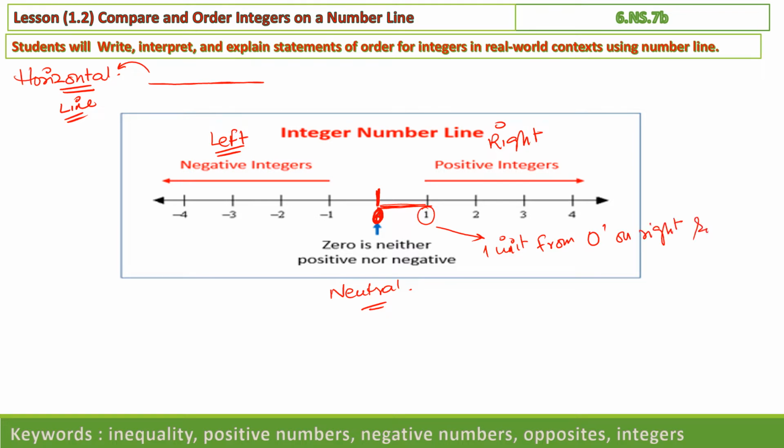Now what is meant by negative 1? Negative 1 also means the 1 unit distance from 0, but on the left side. So they are actually the mirror of each other, and show the distance. Just the negative and positive shows you which side you are standing.